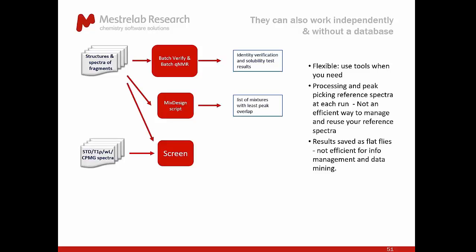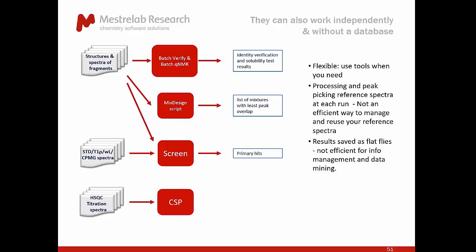And then the raw data from the 1D protein, 1D ligand observed can also be used, use the MNO screen, and use the raw data of the reference spectra to get primary hits. CSP, of course, just starts with the raw data of the 2D as well. So you can use any of them independently or at different times when you need them. However, as I said, using flat files is not an efficient way for information management and data mining.